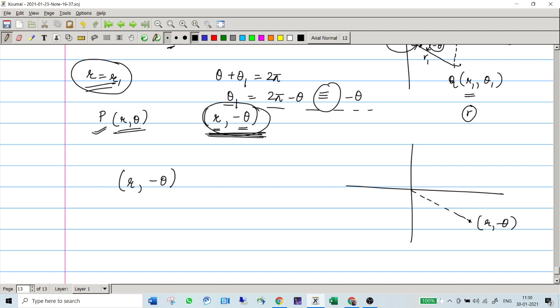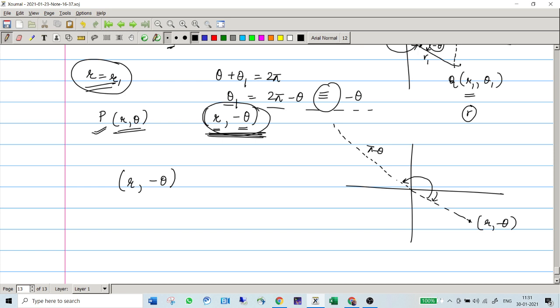So if we are talking about this particular direction, we can reach this point by traveling away from the origin but in this direction, right? So if this is your minus theta, what is this direction? Minus theta plus pi means the pi minus theta direction.